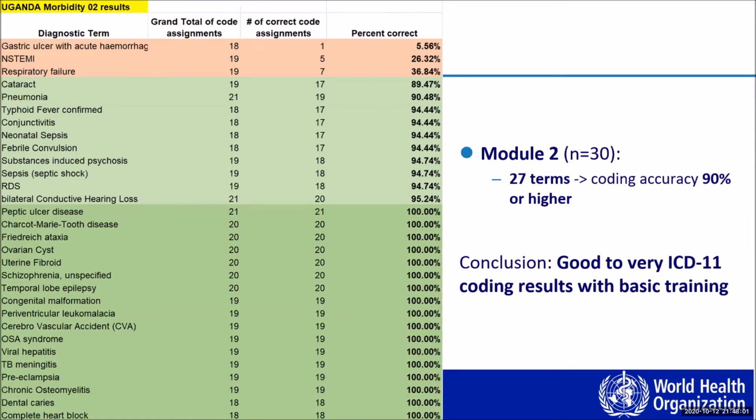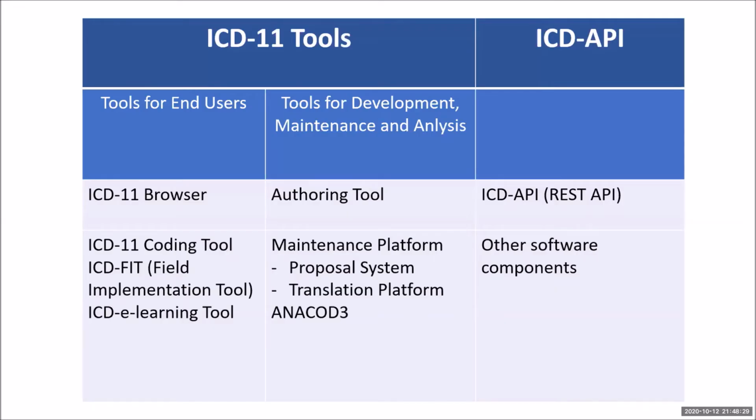And it is quite impressive, as you can see here, especially when you compare this with how the situation would have been if they would have used the old index in ICD-10 and a paper-based approach. So you really get a high level of coding accuracy with minimum training. And that I think will be the mantra also for the future in terms of making this more simple, more accurate and faster.